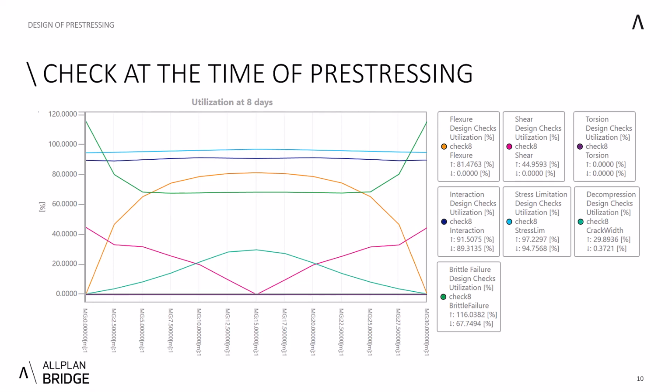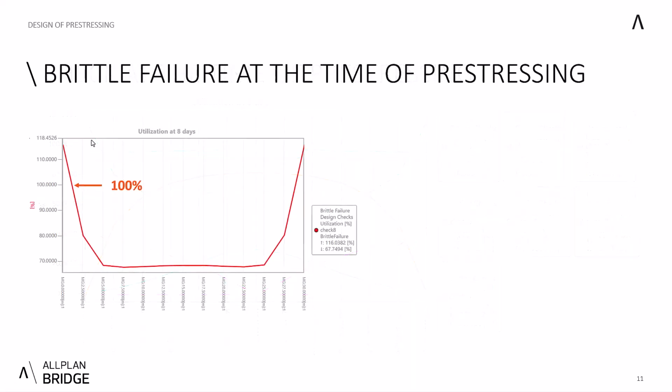At first glance, it is obvious that all checks are satisfactory, except for the brittle failure above the supports. Let's take a closer look at the unsatisfactory assessment. The lack of resistance to brittle failure is only at the ends of the girder. Here.